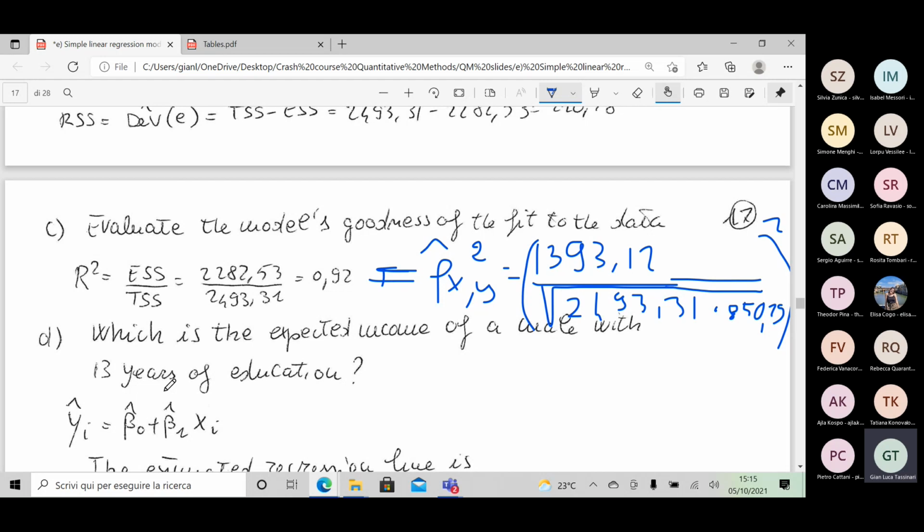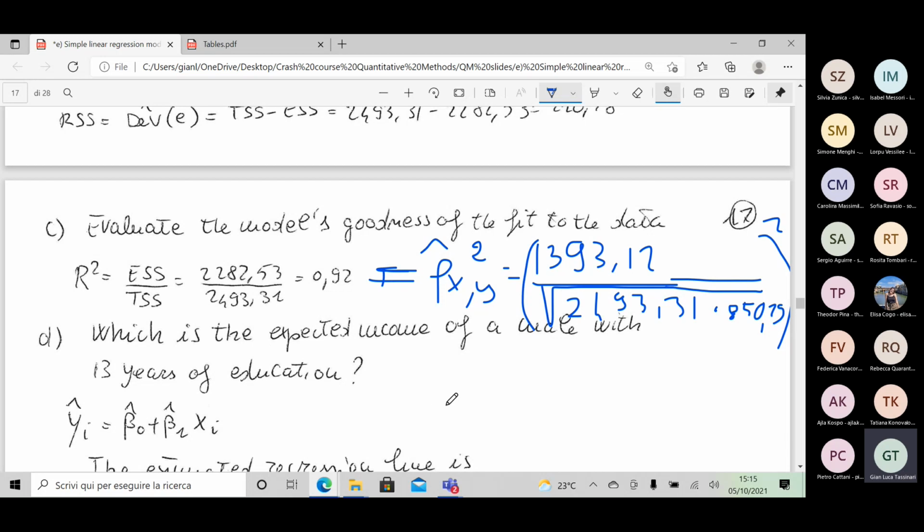Suppose you have individuals with 14 years, with 10 years, with 8, with 6, with 5, etc., and you are interested in doing a forecast on the expected level of income for an individual with 13 years of schooling. So what can you do?